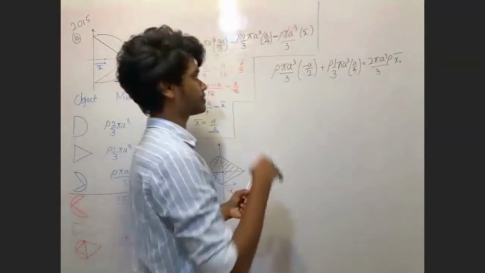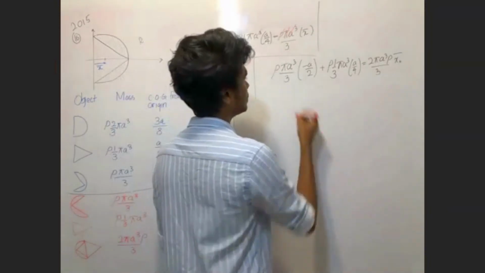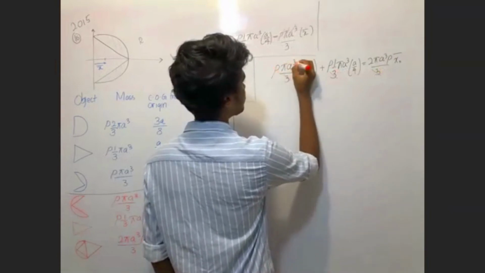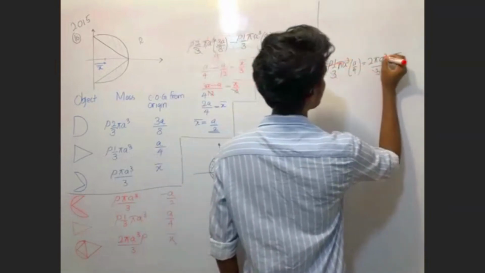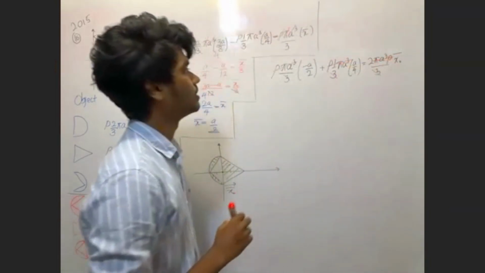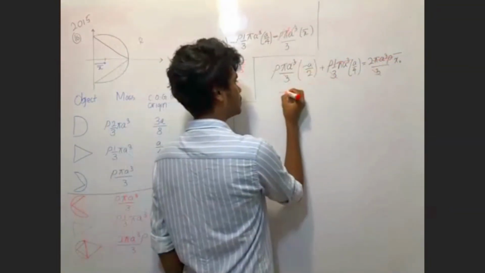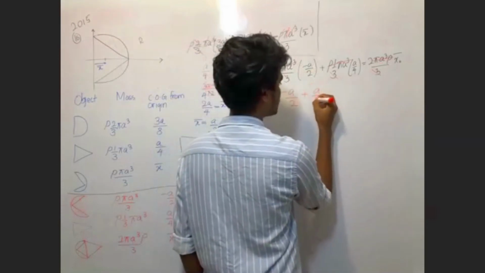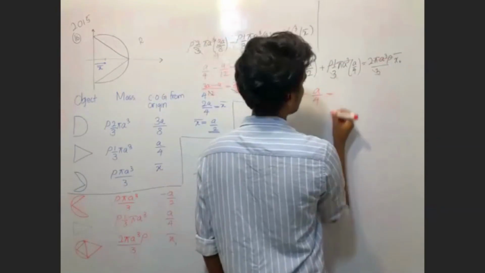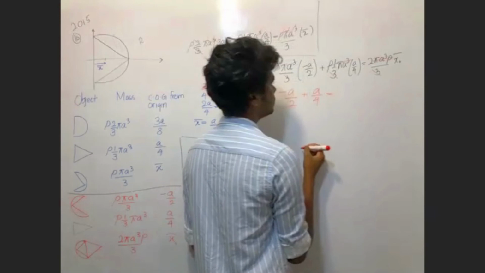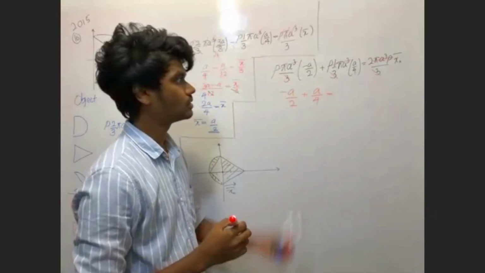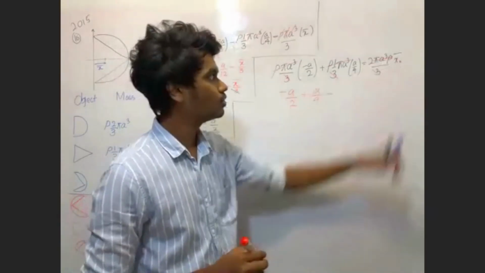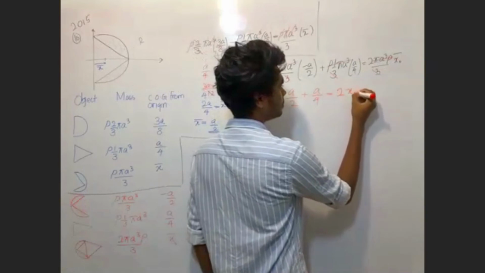Let's simplify. 3 to 3 to 3 cancel. This 2, this 2, this cancels. So minus a over 2 plus a over 4, a over 4, right? 2 x naught bar, 2 x naught bar.